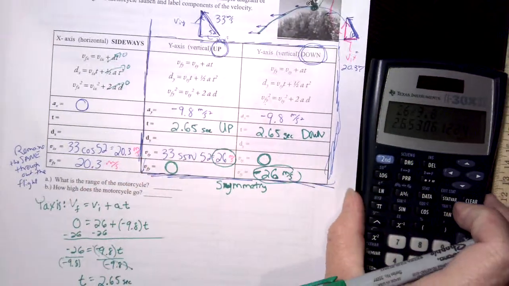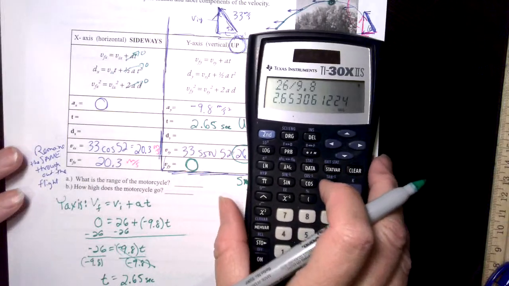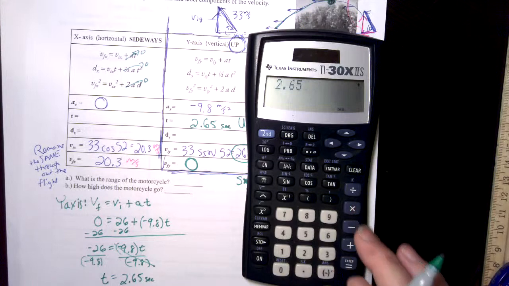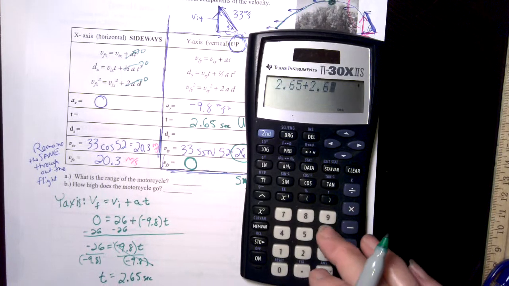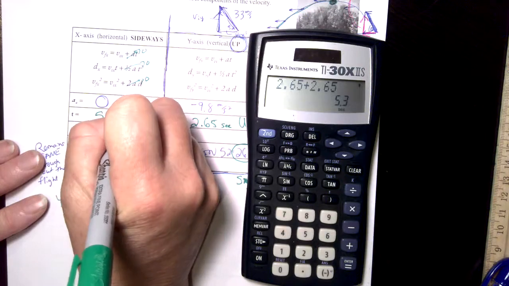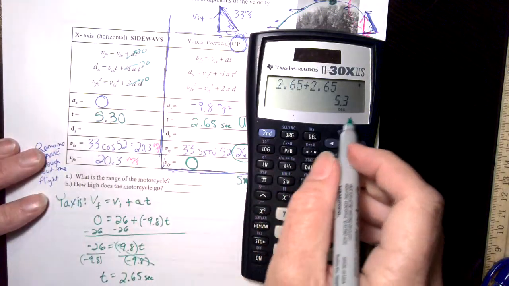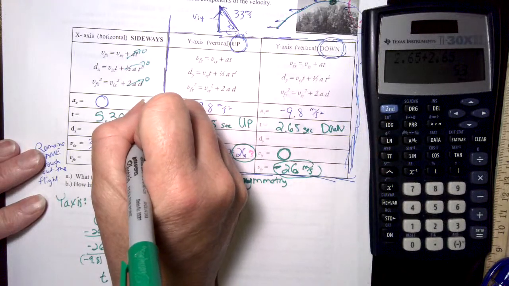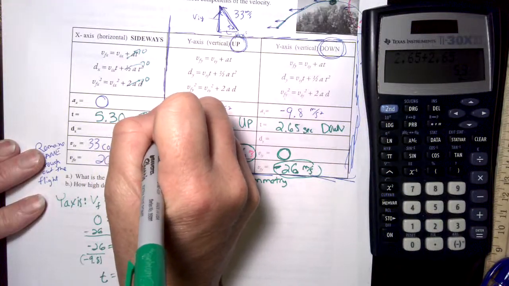Total time. Add that up. So 2.65 times 2, or I'll just show you adding. 5.3. I added those two up. Seconds, total flight time.